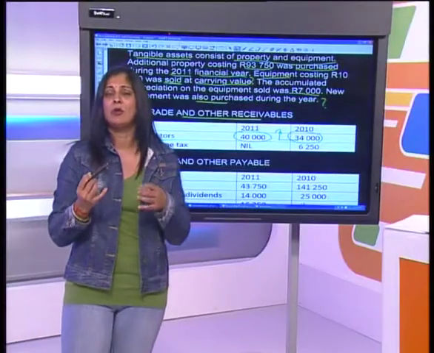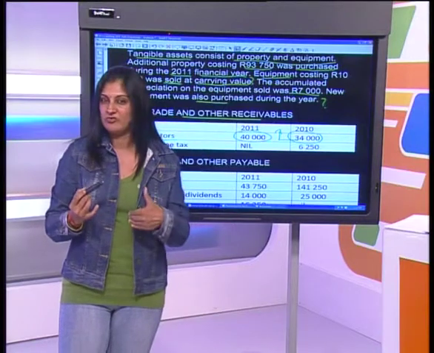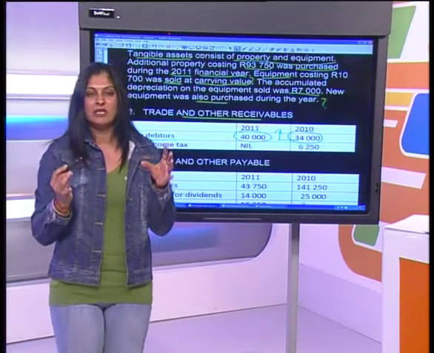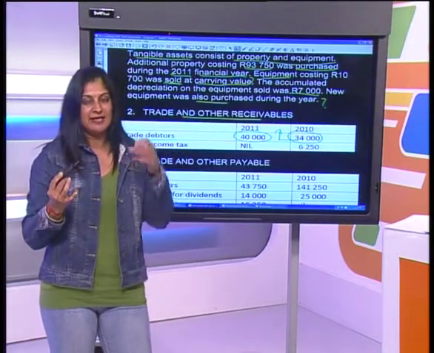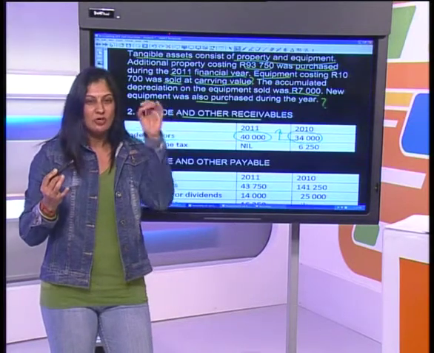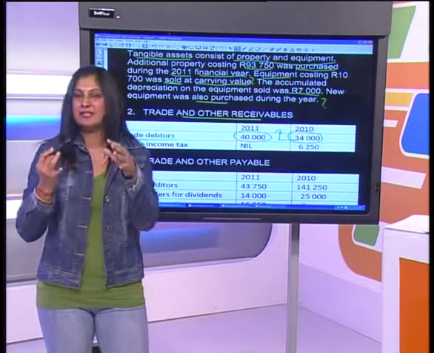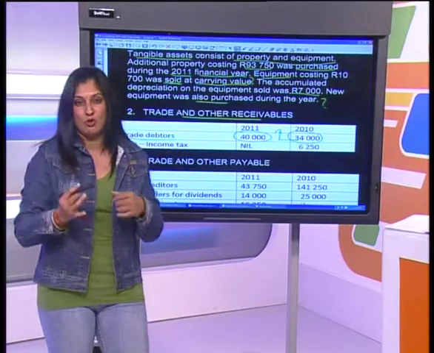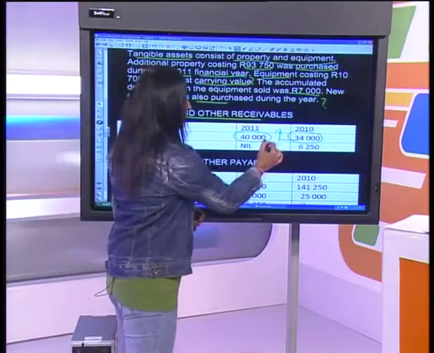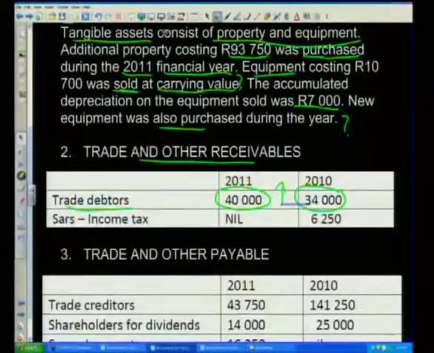In other words, I'm allowing more people to buy on credit. Now remember, guys, if you're going to allow people to buy on credit, it means, hang on, money's not going into that bank account. So it is considered to be an outflow of cash. So that outflow of cash would be the difference between the two. We don't need our calculators for this. I'm simply subtracting, guys, 40,000 minus 34,000 to get my 6,000.